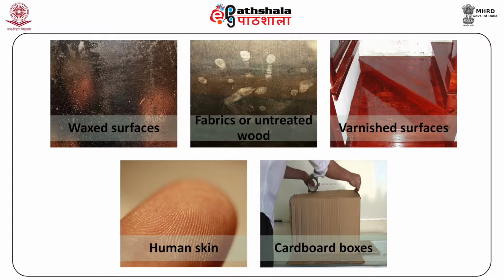Next is fabrics or untreated wood. Varnished surfaces means the surfaces that have been painted or varnished. Human skin, cardboard boxes and other porous or non-absorbent surfaces. Under these conditions, the traditional methods of latent print detection are often ineffective.